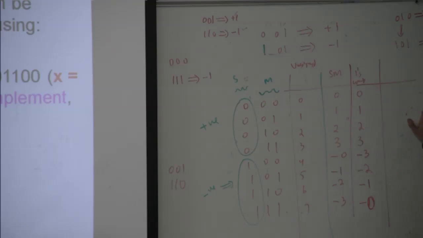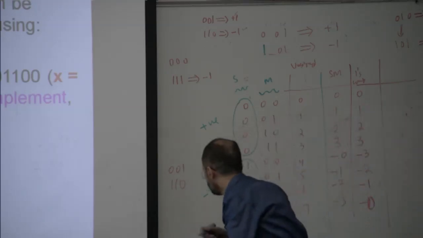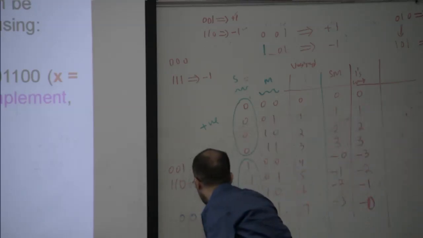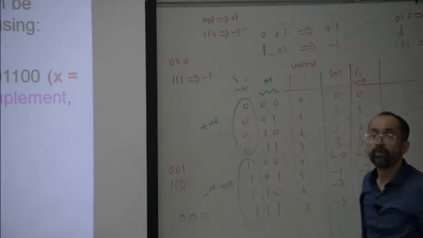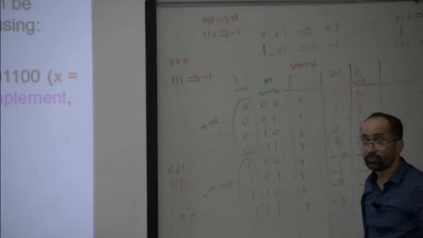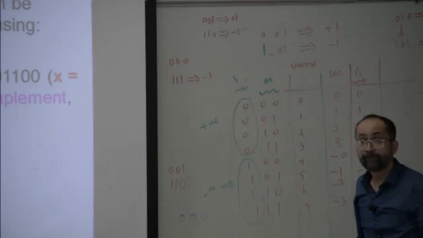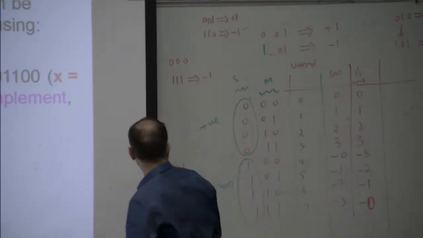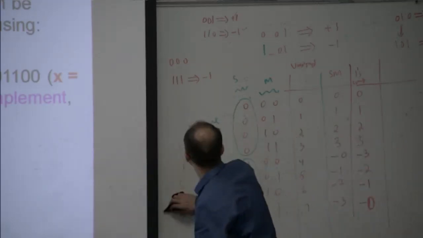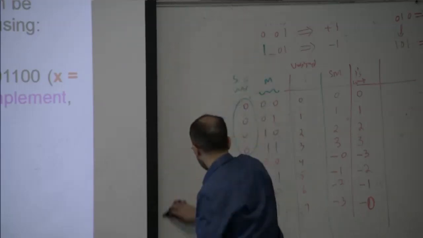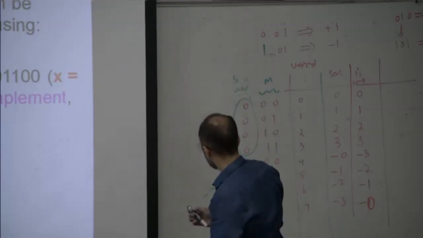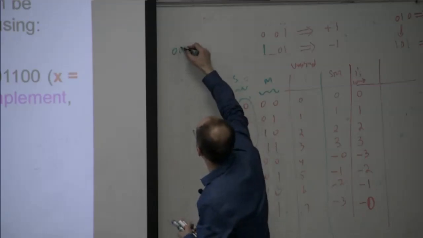So how can we calculate the 2's complement? Okay, now 0, 0, 0. How can we calculate a 2's complement of 0? We can start from 0, 0, 0.